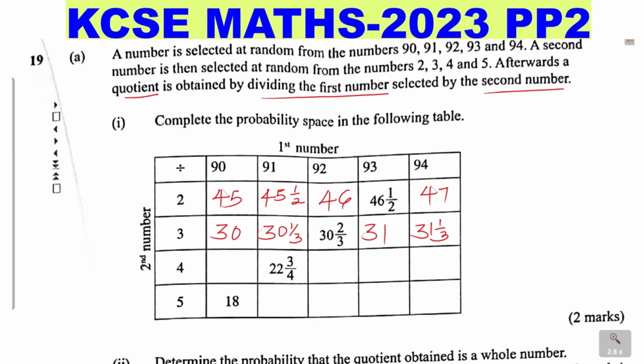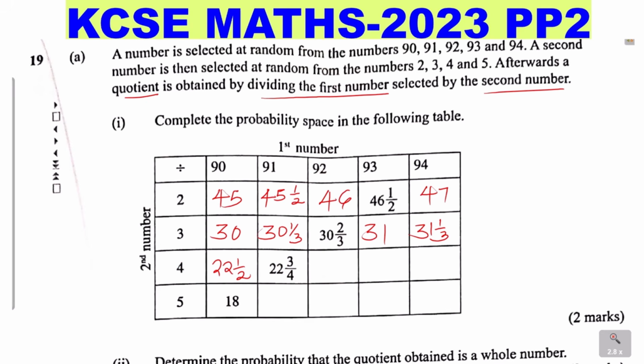We go to the third row. 90 divided by 4. The answer here will be 22 and a half. Then the next, 91 divided by 4, that one is filled there, so we go to 92 divided by 4. Put the answer here.